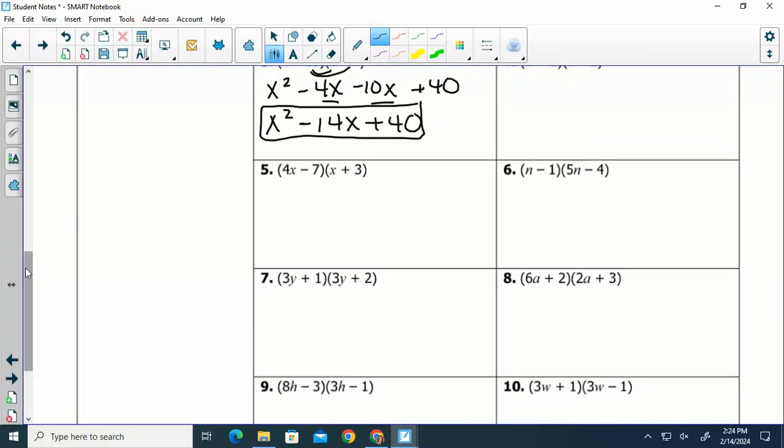More homework. Let's look at number 5. Actually, I did good enough. Good job. Did you get 5 problems? I know what we did here. 4x times x gives us 4x squared. 4x times 3, 12x.